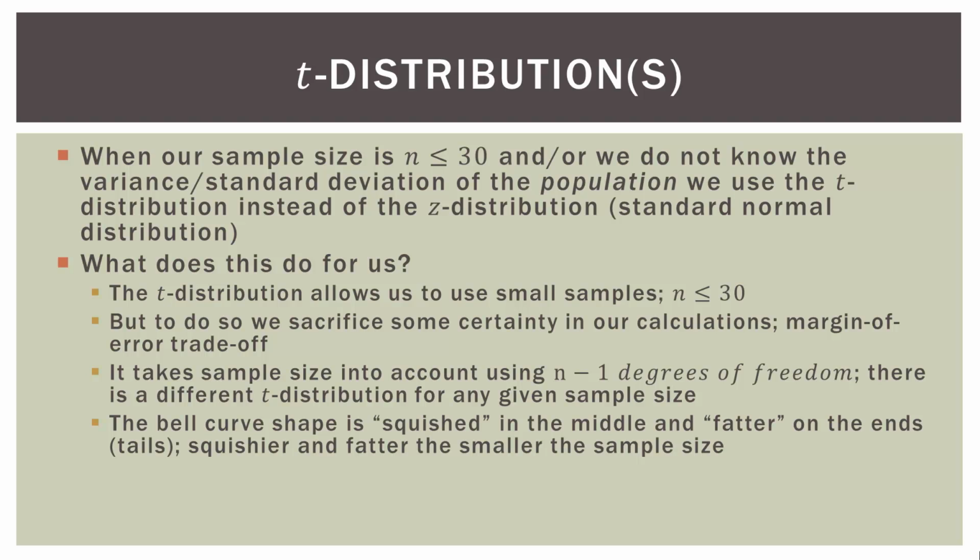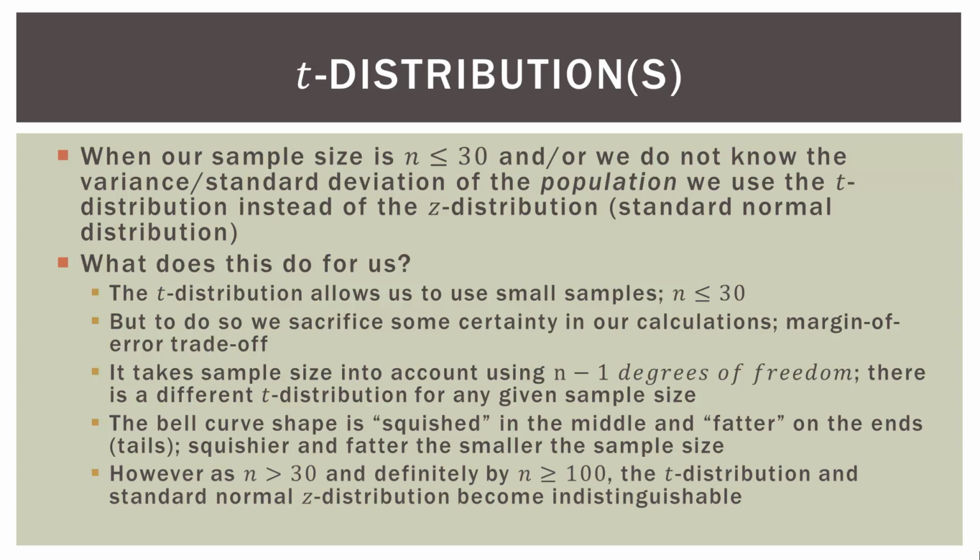So the middle gets squished down, and the tails get kicked up and get fatter. We call them fatter tails. And it gets squishier in the middle, and the tails get fatter, as the sample size gets smaller and smaller.